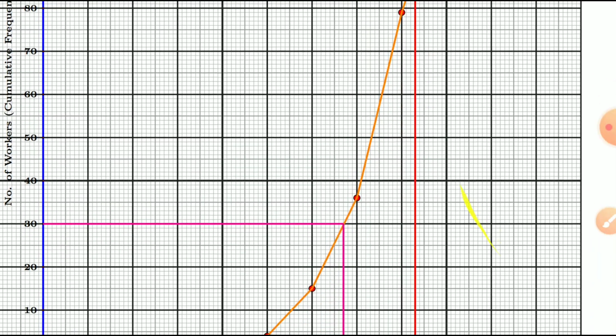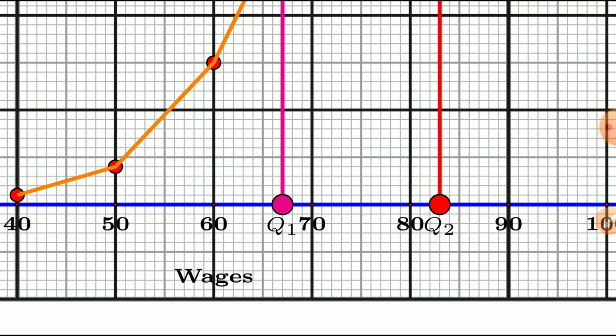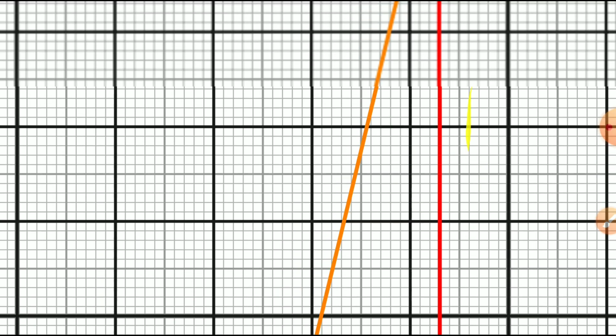So see here, we can find that quartile q3. Actually it is q3, not q2, that was a mistake. So this is q1 and this is q3. And q1 we found earlier.